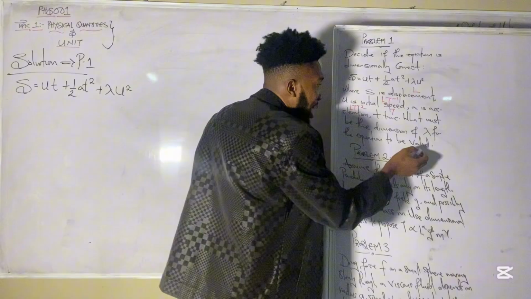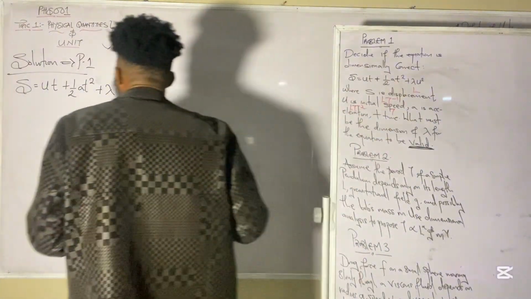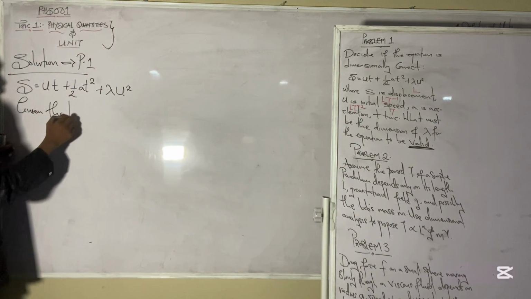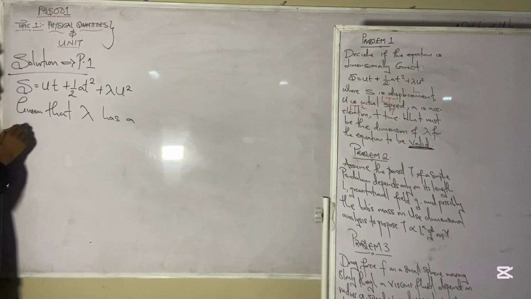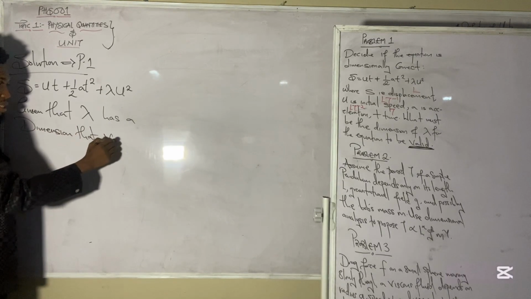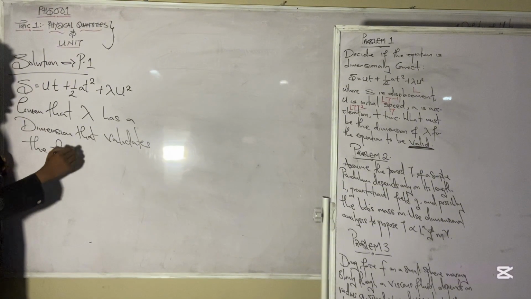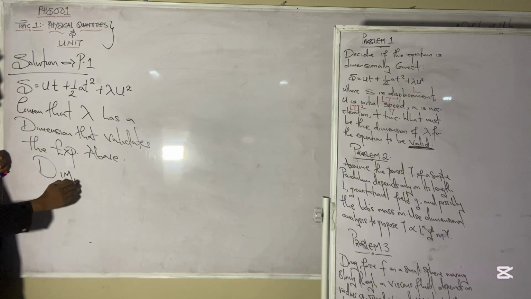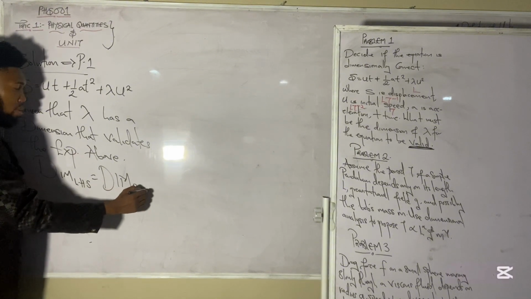If lambda has a dimension that validates the expression above, then we can easily tell that the dimension of the left hand side should be equal to the dimension of the right hand side.